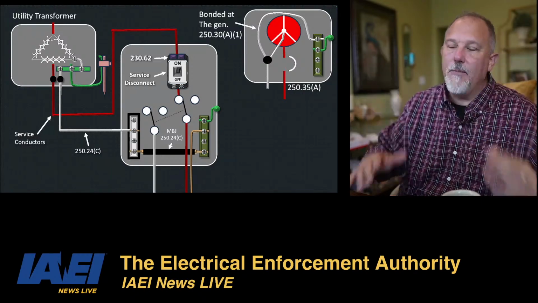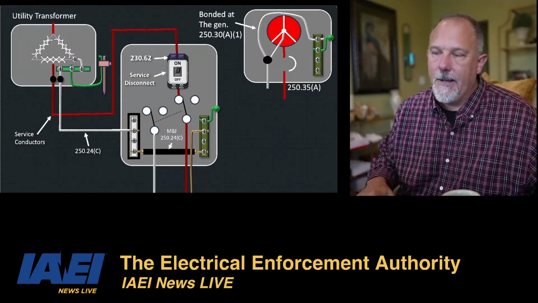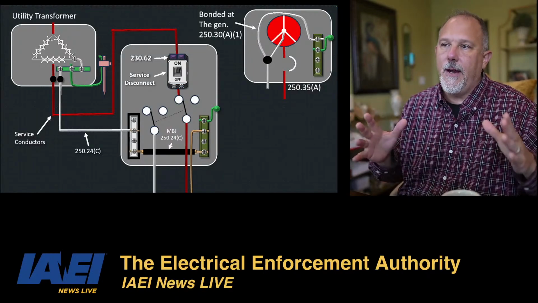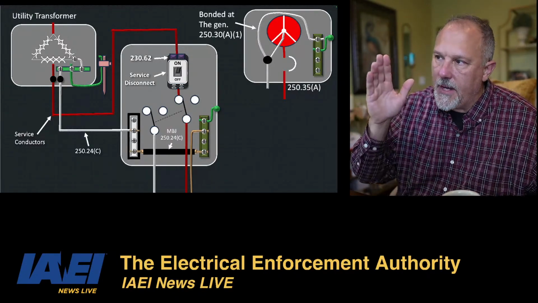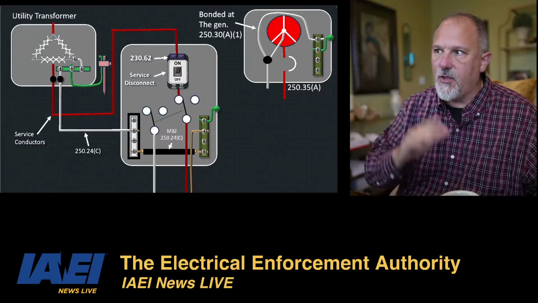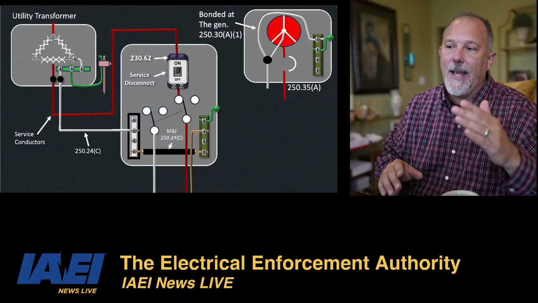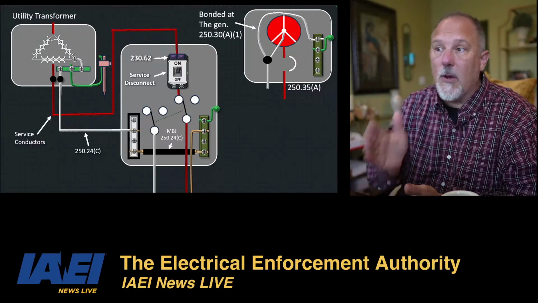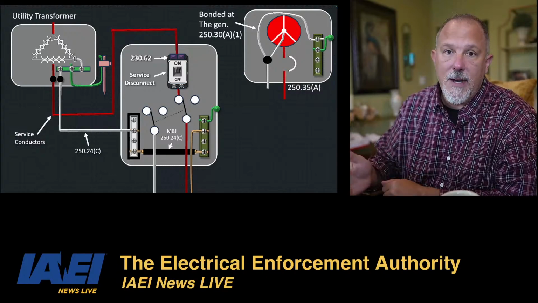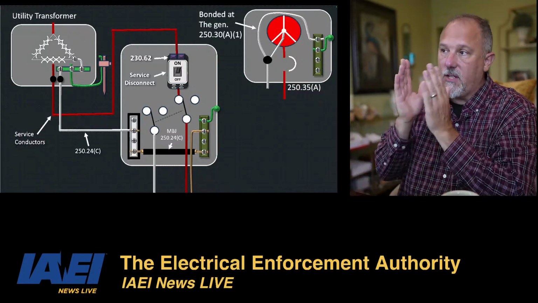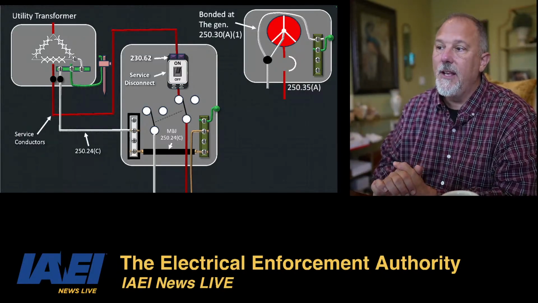In this case, I'm showing it in the transformer. I just picked a spot. So I'm connecting that transformer to my service overcurrent device, which is in my transfer switch. 250.24(C) requires me to pull a grounded conductor to my service equipment, which in this case is this transfer switch. That's a grounded conductor.